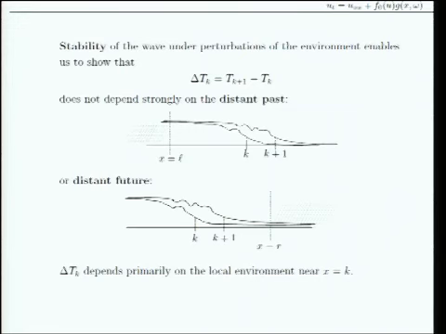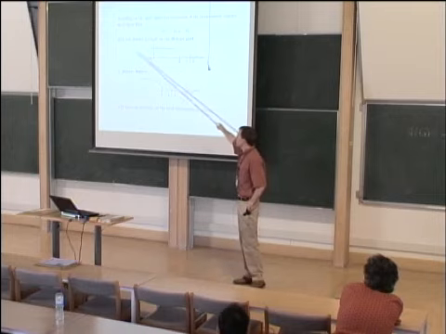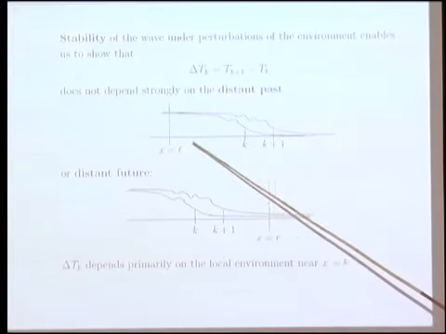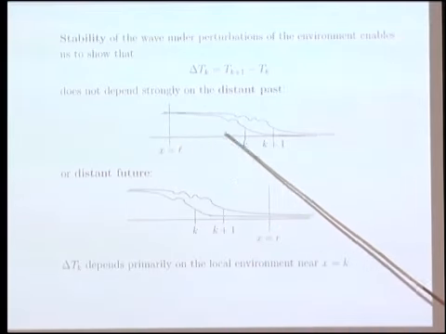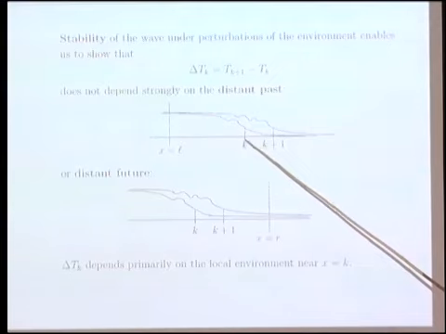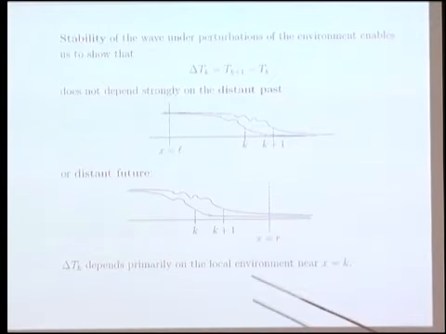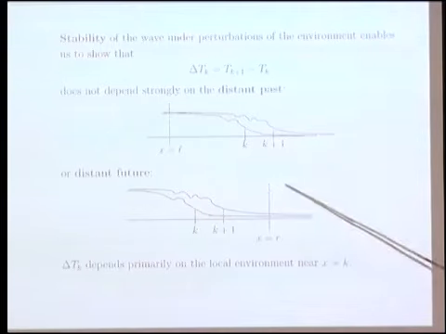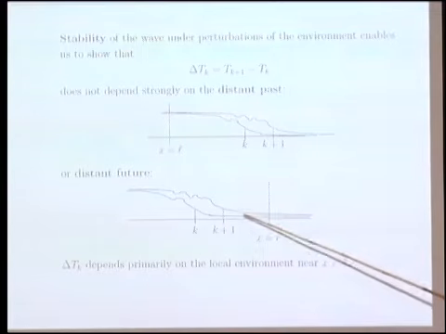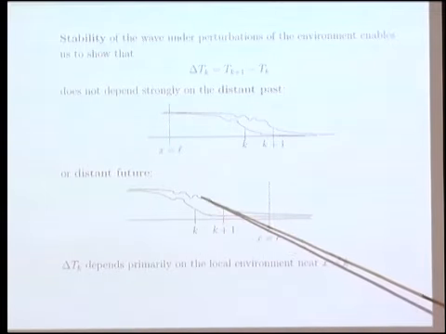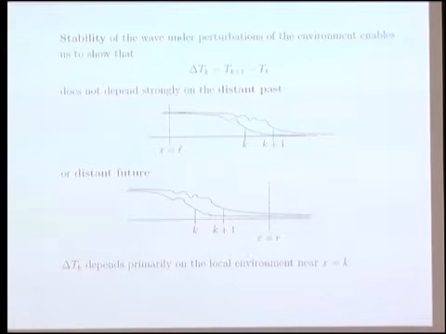If you perturb the coefficients far in the past, let's say L is much less than k, you can show that it does not change much the time it takes the wave to go from k to k plus 1. Similarly, if I perturb the coefficients far in the future, as long as this is far ahead of k, then the time it takes to go from k to k plus 1 is not strongly affected.